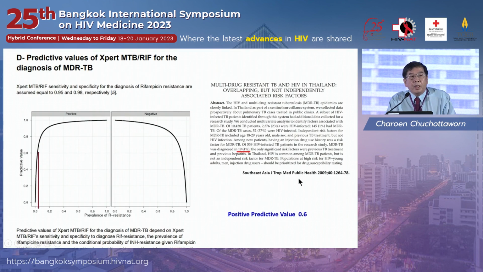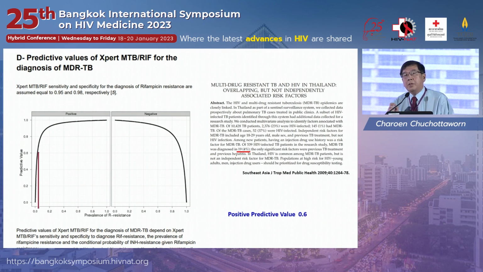But one point I will remind all of you in this room: in HIV patients, everybody says that HIV-positive TB patients usually have a high prevalence of rifampicin-resistant TB or MDR. But actually, it is higher when you calculate the odds ratio or the hazard ratio compared with the general population. But if you look at the prevalence of MDR in TB-HIV patients, it is not very high.